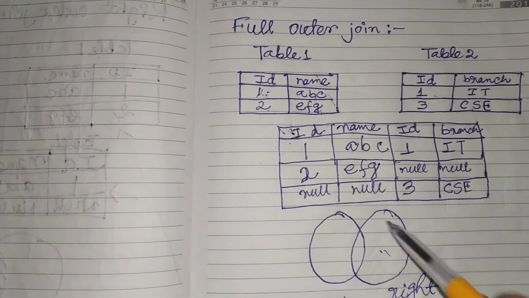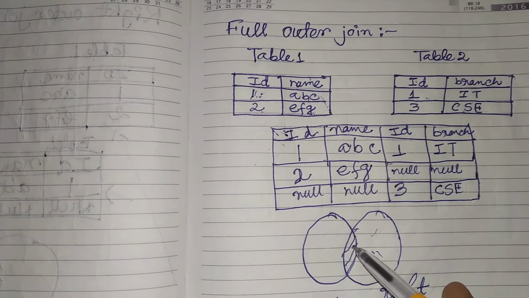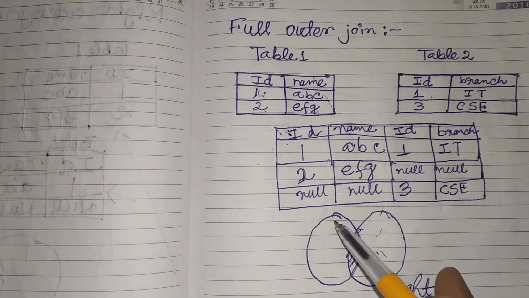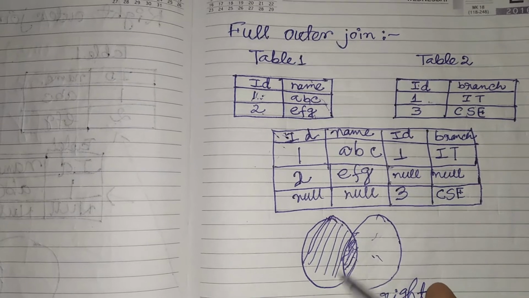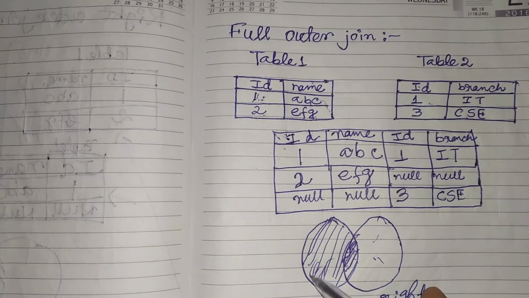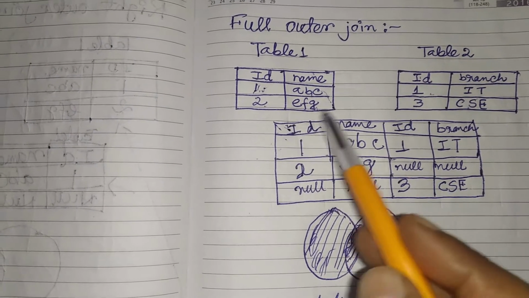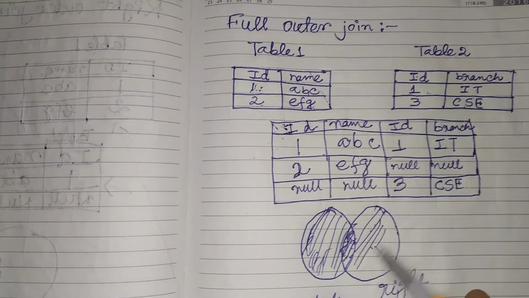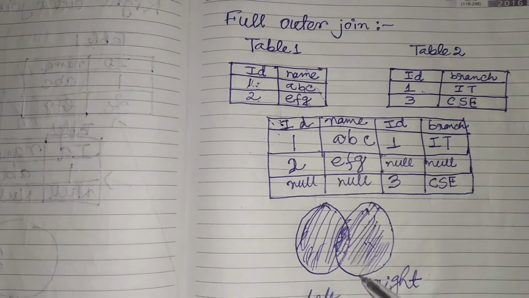So the common intersection, then left outer join, and then right outer join. So here is the full outer join.